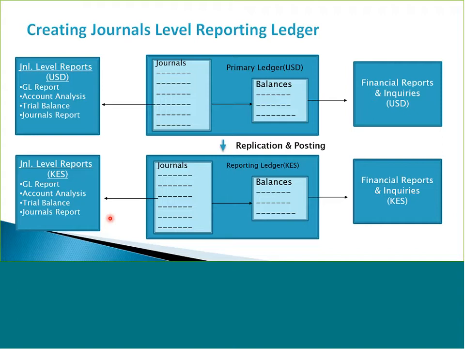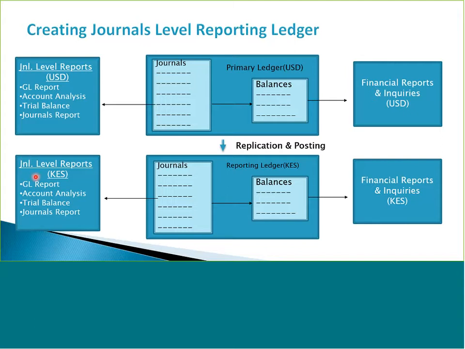So just to remind ourselves what the journals level reporting currency works like. We have our primary ledger where the balances and amounts are in the functional currency, the US dollars. However, a need arises, and we need to do financial reports and queries, and we also need to do detailed journal level reports.